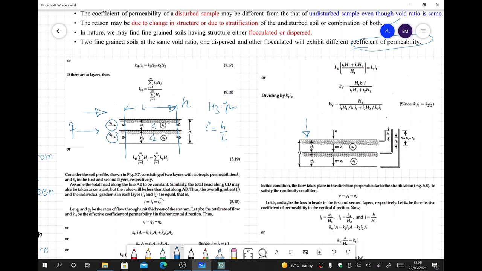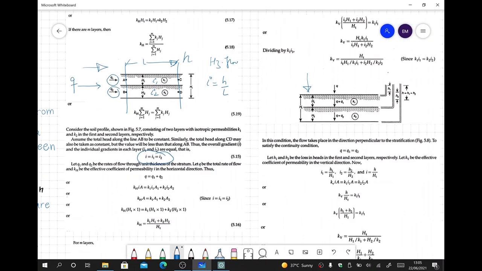From theory, we can say that I is equal to I1 is equal to I2. That means the overall head loss of the system is equal to the individual head losses in each layer. And for the discharge, the overall discharge of the system is Q, and it is equal to the discharge in layer 1 plus the discharge in layer 2.